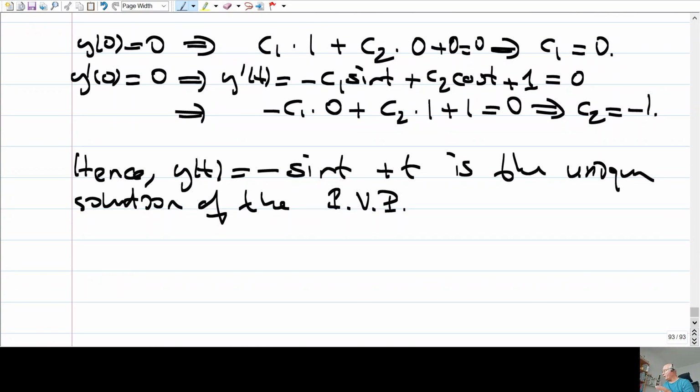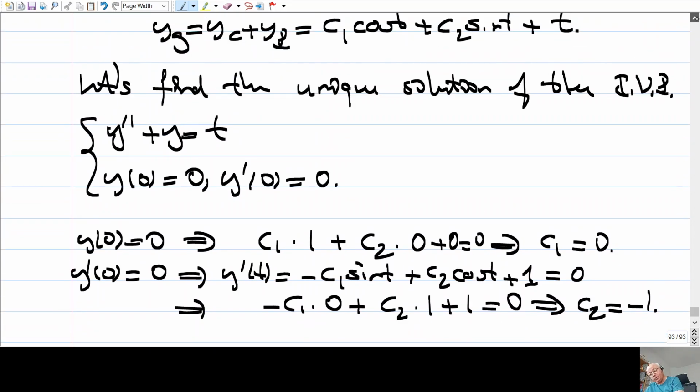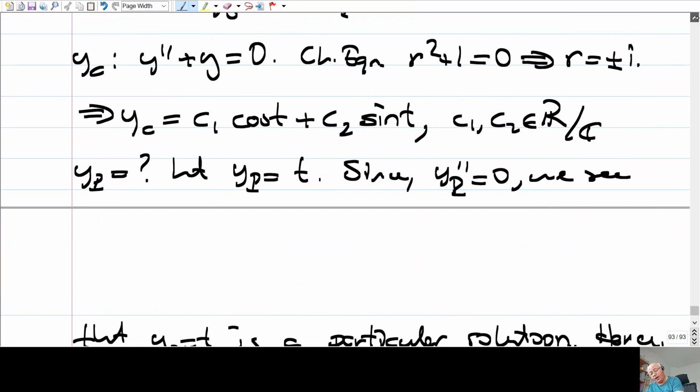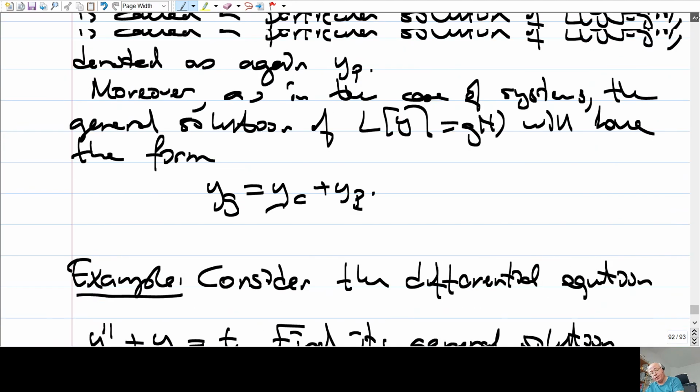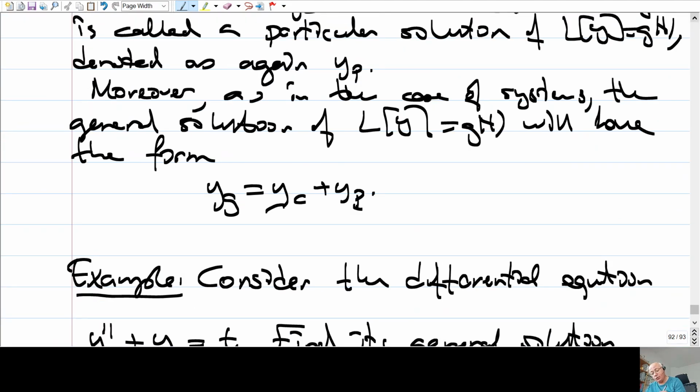All right, so that's the general theory. To find the general solution of a non-homogeneous equation, we need to solve the homogeneous equation and obtain the complementary solution, and we have to find a particular solution.